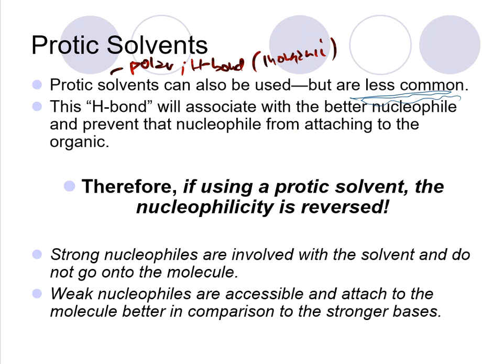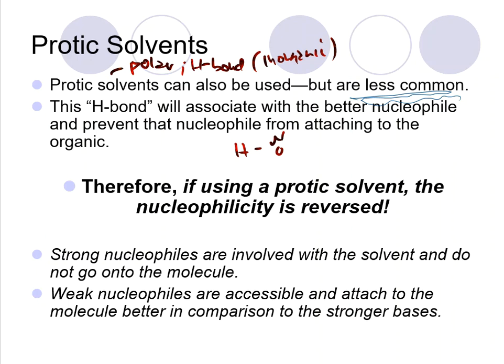So what happens here is that the protic solvent sets this hydrogen bond up. And these hydrogen bonds, the hydrogens that are attached to the N or the O, I'm going to write an F here, but keep in mind that this we really don't see. That's the definition of a hydrogen bond, though, isn't it?